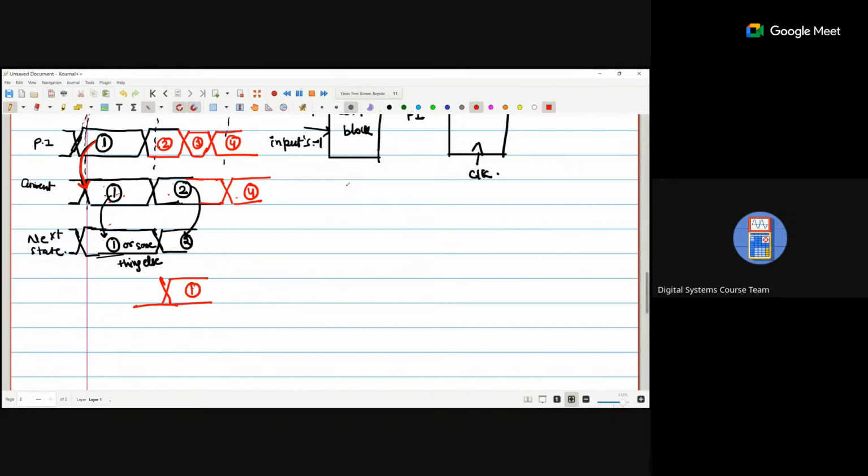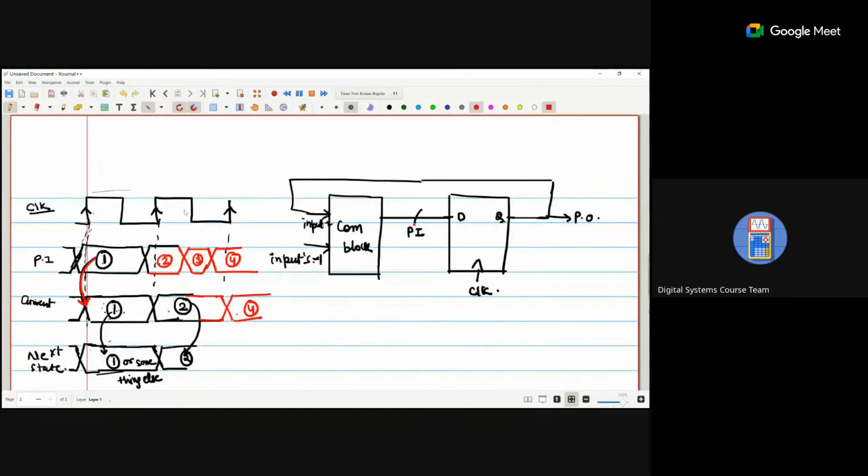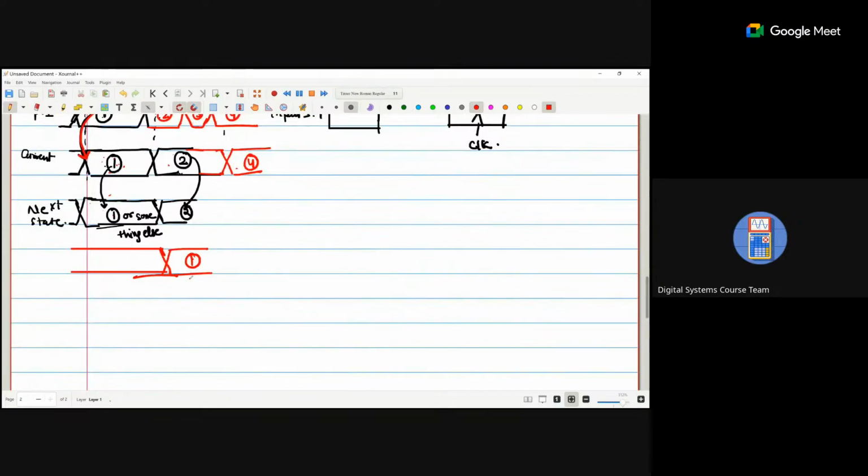Why? Because this 1 is applied back to the input when the next clock pulse is applied, and because of this 1, we are getting 1 at the next clock pulse.